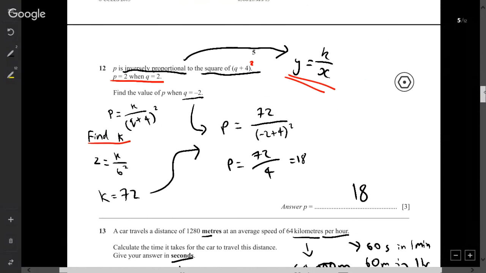There we go, 2 equals k over 6 squared, and k equals 72. Perfect. Now what we do is we find the value of p when q is minus 2. So p equals 72 over q plus 4 squared. We know that q is minus 2, so it's minus 2 plus 4 squared, which is 4. So p equals 72 over 4, which is 18.